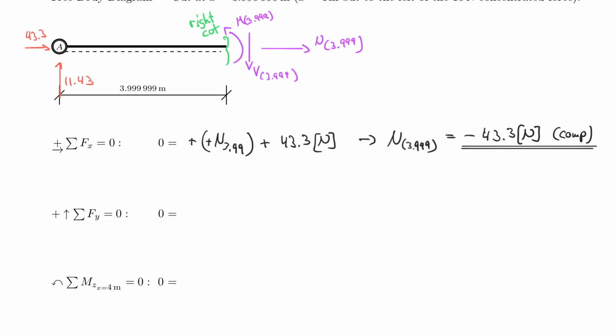Now, how do I move with my shear force? I always start with my unknown as well. So let's go ahead and understand that it's actually pointing downwards, but it's positive, right? So I use, again, two signs here. I have a positive V at 3.999, but this positive defined one is actually pointing downwards, therefore it's negative.